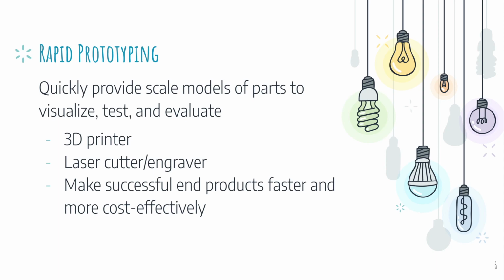So, for instance, just because I'm looking at one on my desk, if I wanted to manufacture a nail polish bottle and I needed to make sure that my design, that the screw top worked and that the brush was a good size and that it fit the right amount of polish, that's still going to take a lot of setup to mass manufacture, to set all of the machines up and everything.